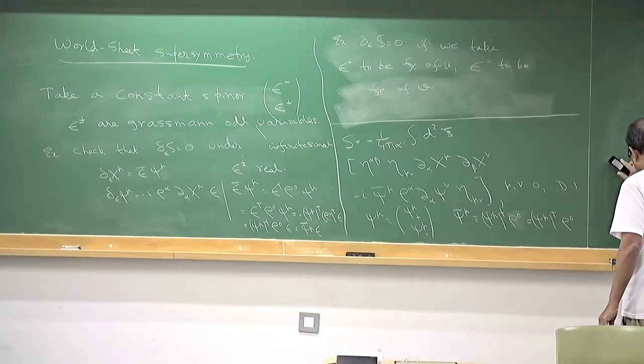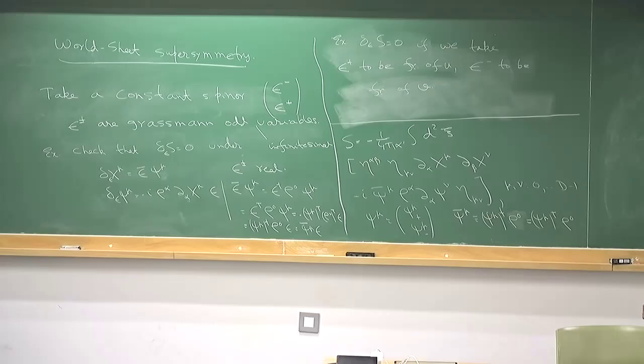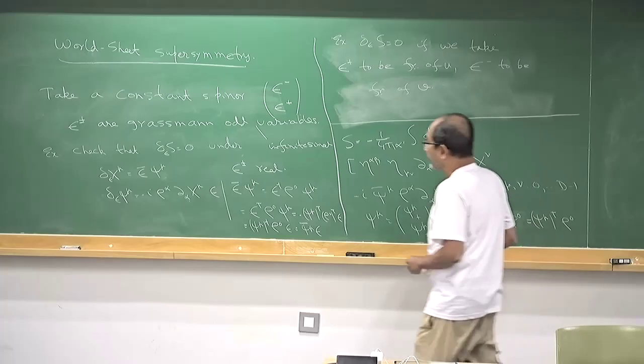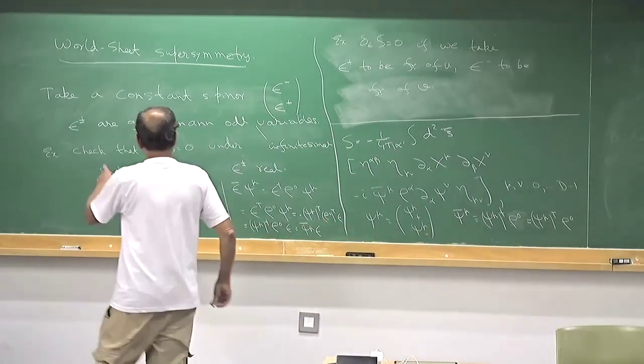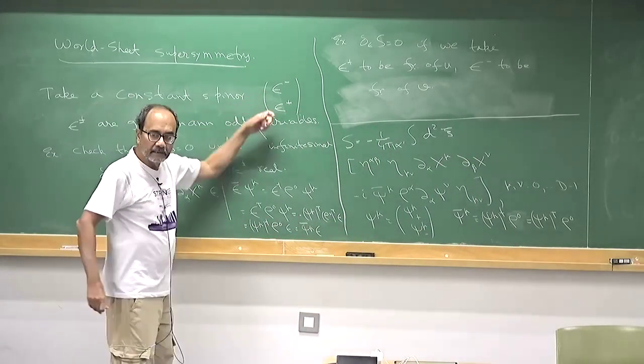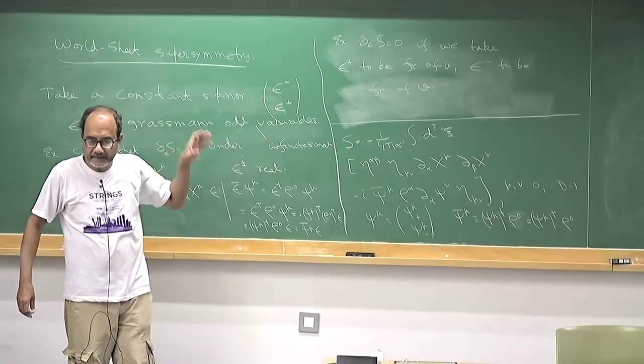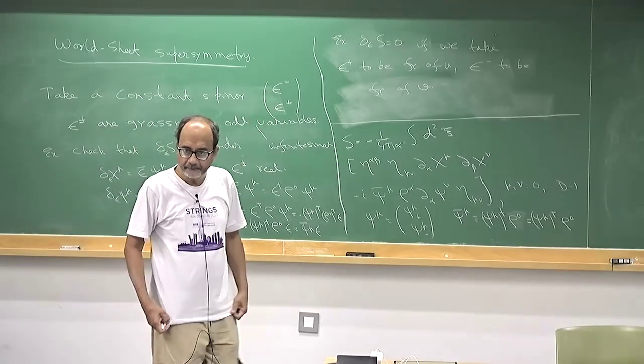But the transformation you have defined, we are not saying anything, right? No. Here, they are constant spinors. The original statement for the supersymmetry was that epsilon plus minus are constant spinors, right?